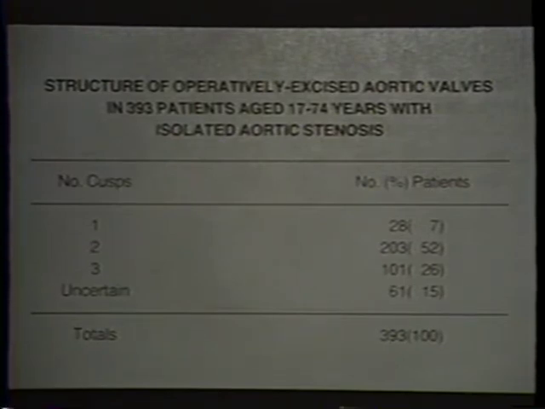About 7% of these patients had a unicuspid aortic valve, 52% a bicuspid valve, 26% a three-cuspid valve, and in about 15% it was not possible to tell from examination of the specimen. Fortunately, most of the surgeons in the Washington area excise these valves intact. When I have my valve excised, hopefully never, I want it excised intact if at all possible.